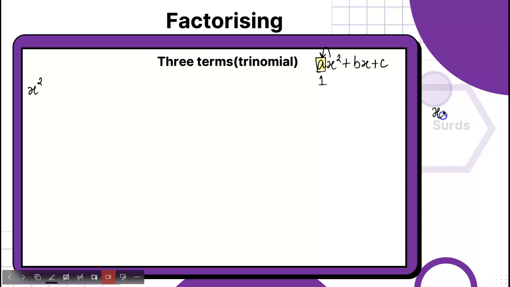Our expressions are going to be starting with x squared plus, say for example, 4x plus 21, or minus 21, something like that overall.